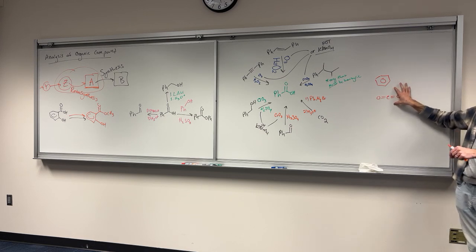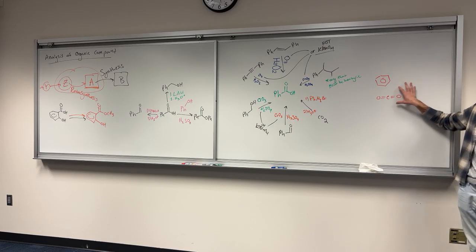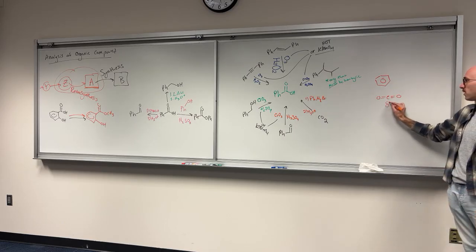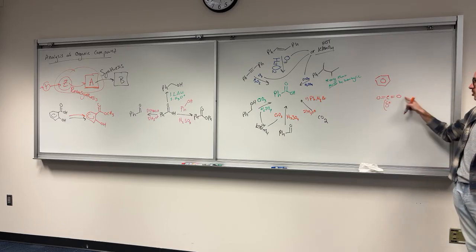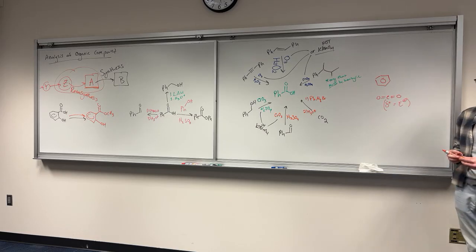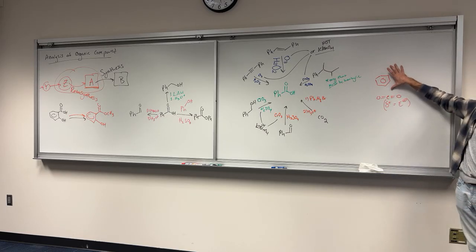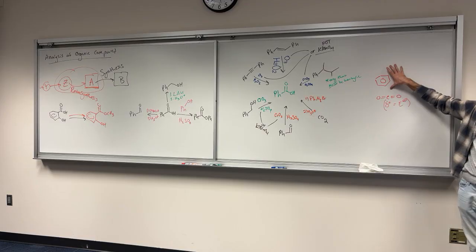Is the carbon nucleophilic or electrophilic? It's supposed to be electrophilic. It's got a strong partial positive because the oxygens are pulling on it. That makes it an electrophile, which means my aromatic ring needs to be a nucleophile.